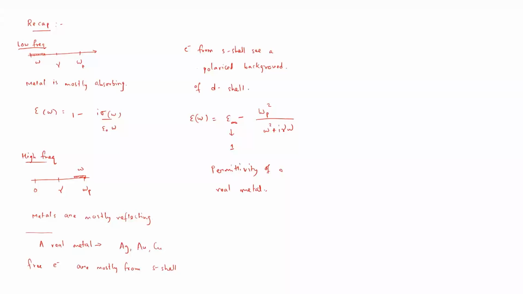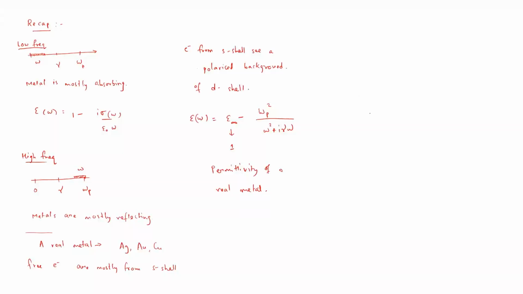Now let us move ahead to the new topic. All these things were in the frequency regime where omega p is some frequency here, and all this analysis that we discussed in the last class was for frequencies less than the plasma frequency.